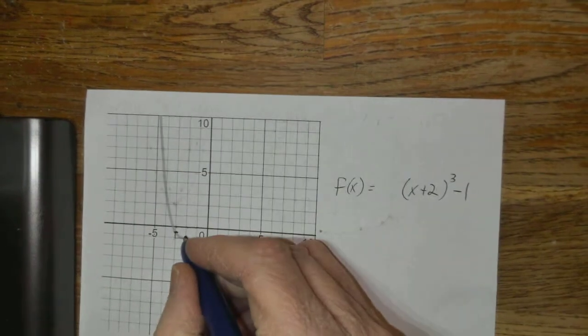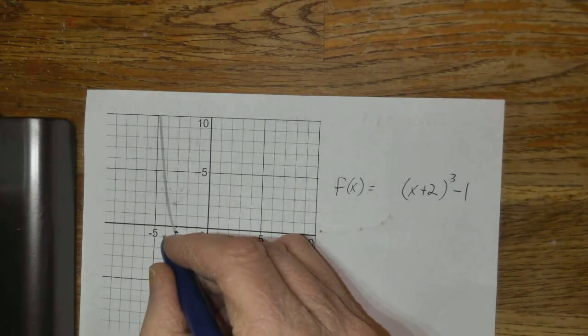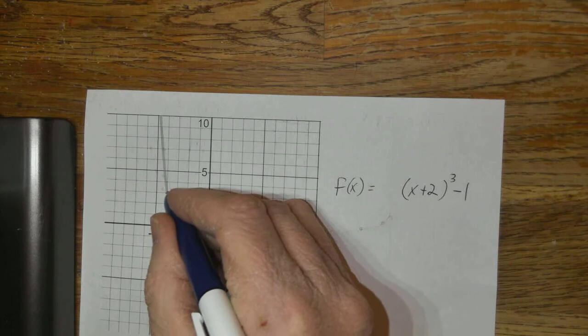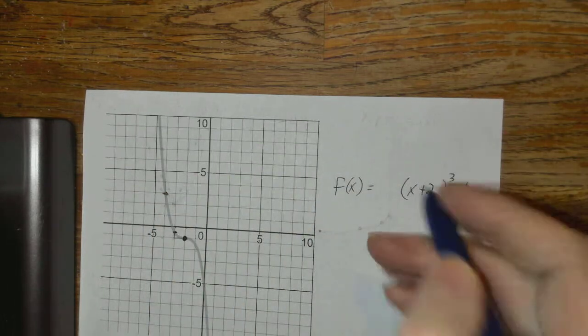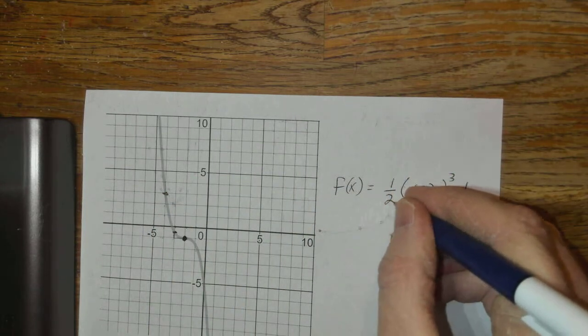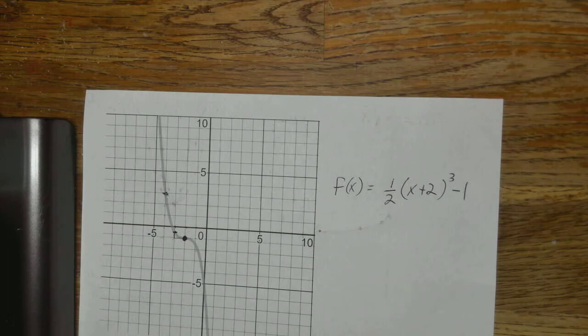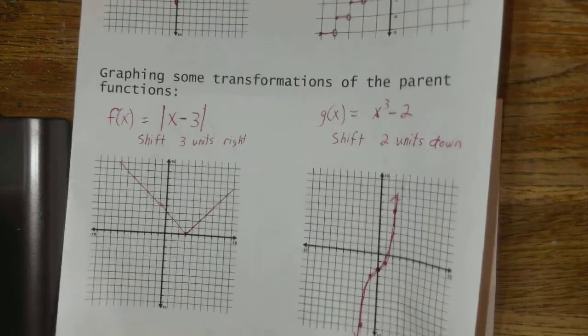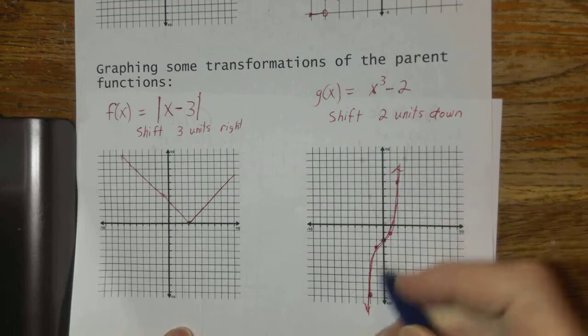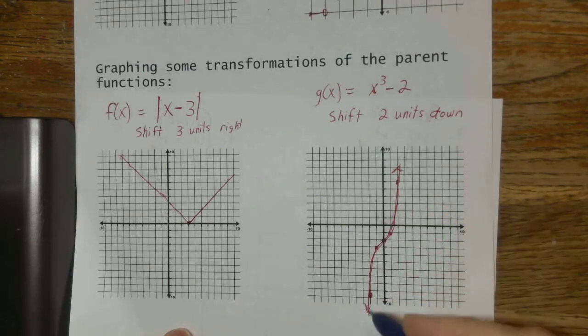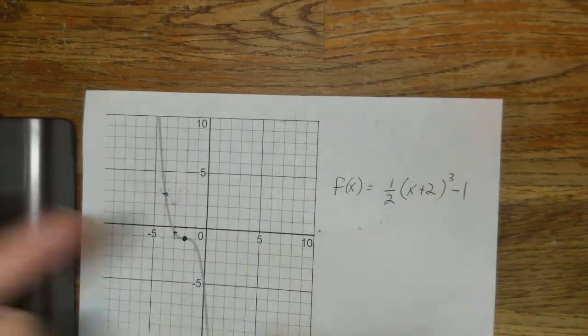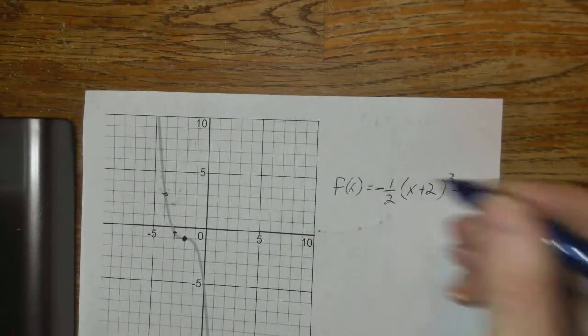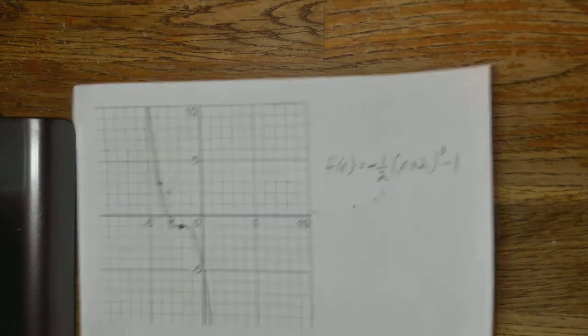When we went 2 units over, it was 8. Well, if I go 2 units over here, I'm going up 1, 2, 3, 4. So yeah, that's half of 8. So I'm pretty sure that's half. Now my next question is, is the direction the same way? And it's not. This is going down to up. This one's going up to down. We have flipped it. So that is negative 1/2 to do that reflection.